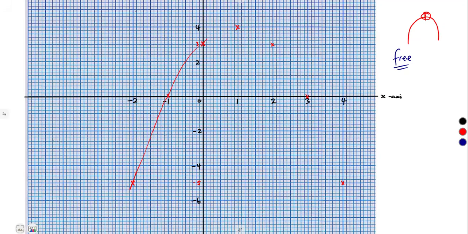So you must just try to join properly, from this point to this point, so that you can have the curve. A curve like this. So guys, this is freehand and it must be smooth. Then from here to this one, and from this one to this one, just like that.